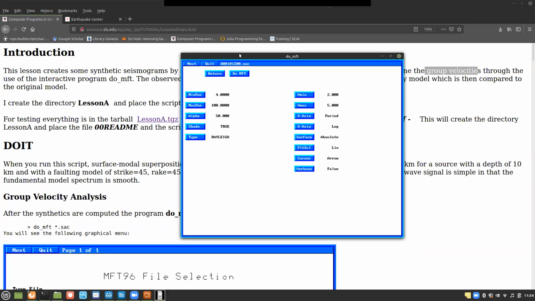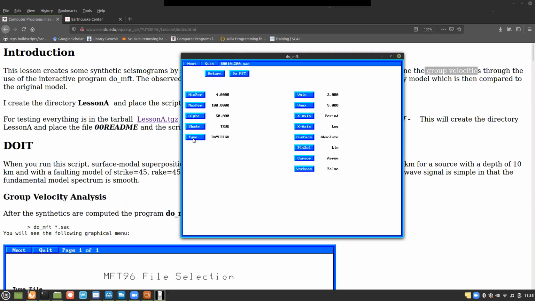So once you have the Z component, the surface wave, the Rayleigh wave, is just an interaction of the P and the SV.